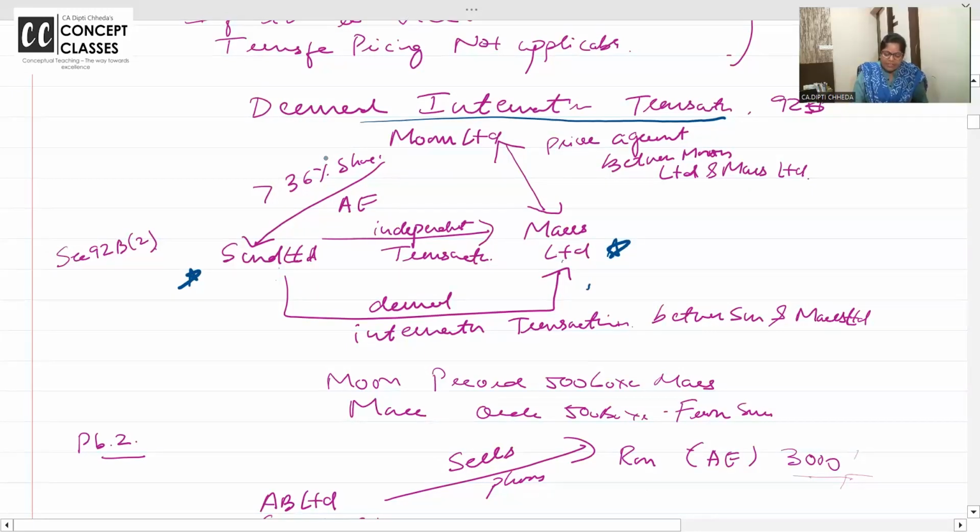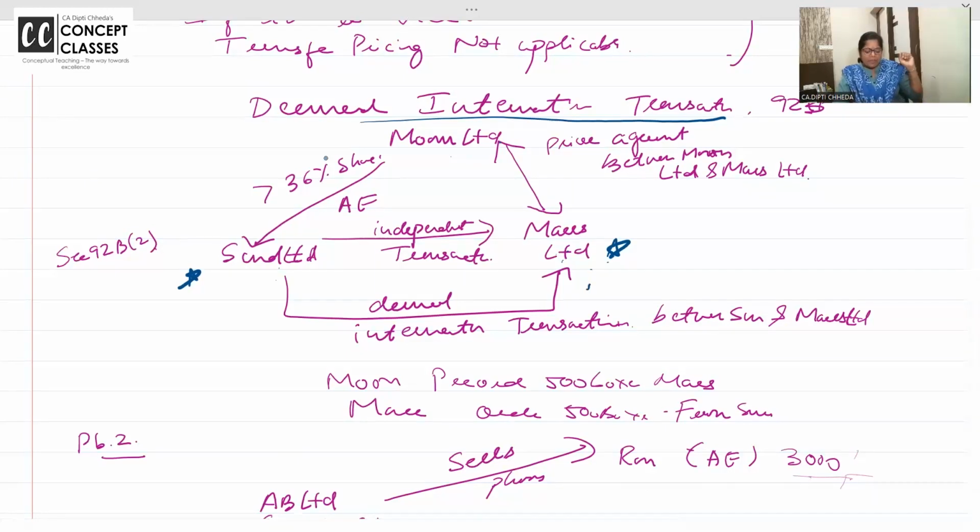If I do it directly, Sun is doing a transaction with an associate enterprise, Moon. But here Sun is doing a transaction with Mars, a third party. But when we are doing the transaction with Mars, there is already a pre-selling agreement between Mars and Moon. Then this transaction between Sun and Mars will also become a deemed international transaction, and it should be at arm's length price.